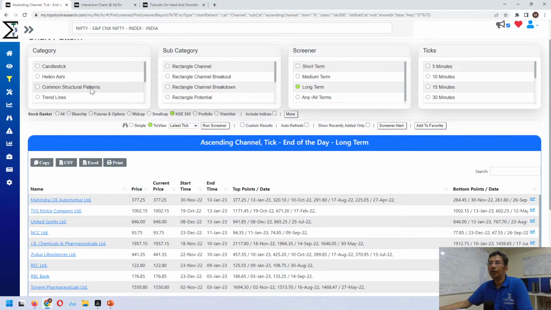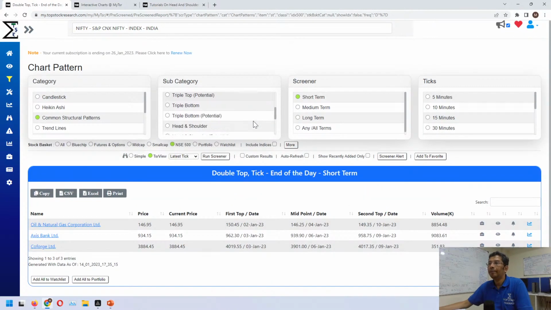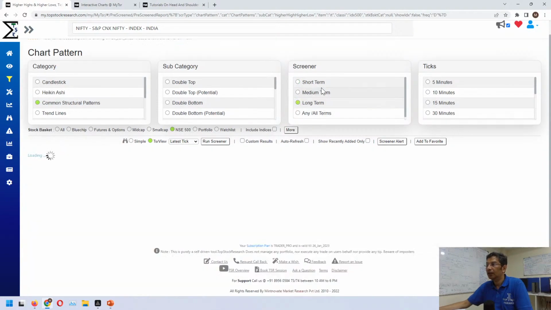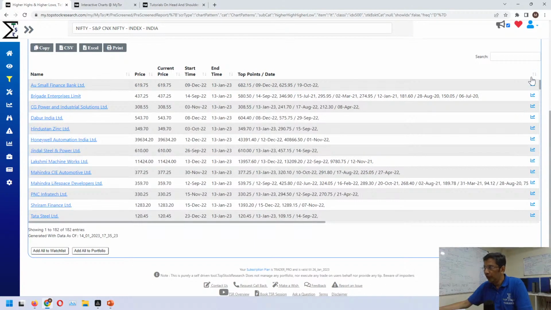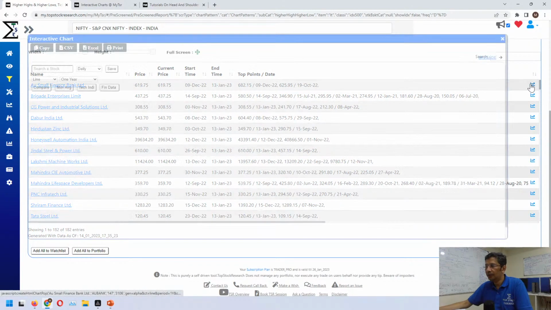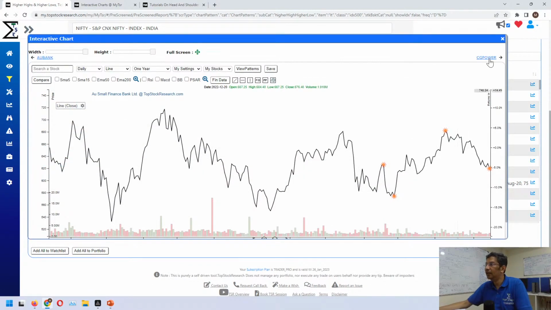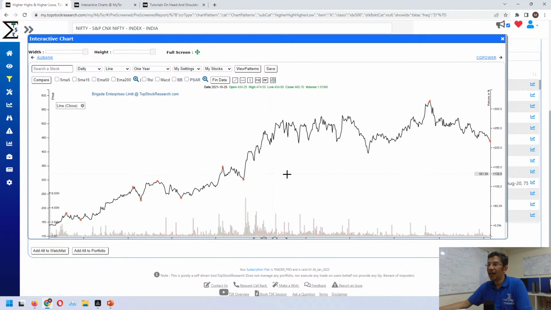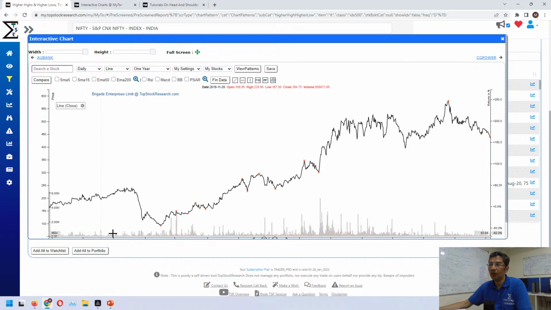Third example would be go into common structural patterns. Look at higher highs, higher lows on a longer term period. You will not get a lot of good examples in long term because the last 1 year was pretty much in a sideways market, right? See, this is higher highs, higher lows, right? All the spots which are mentioned out here.